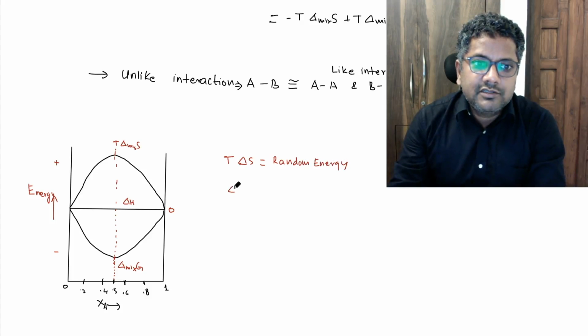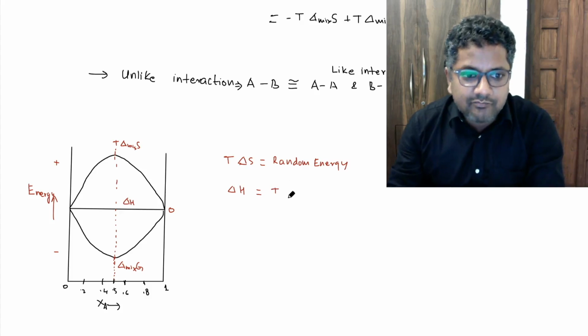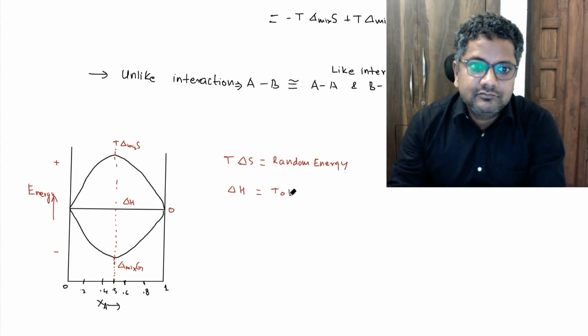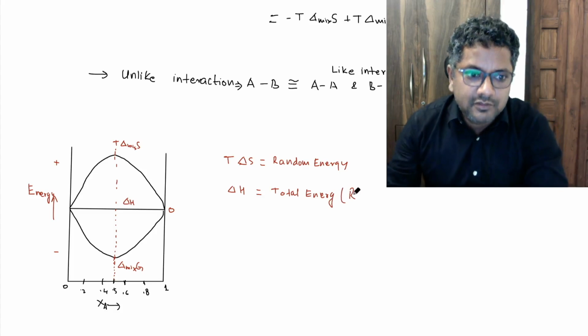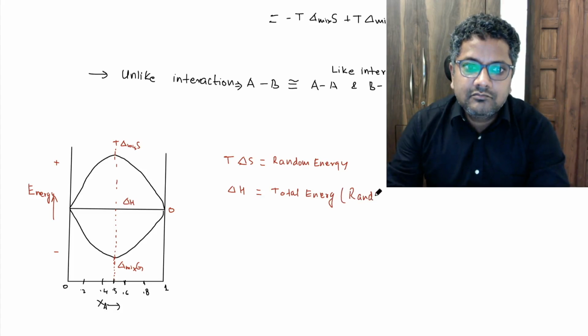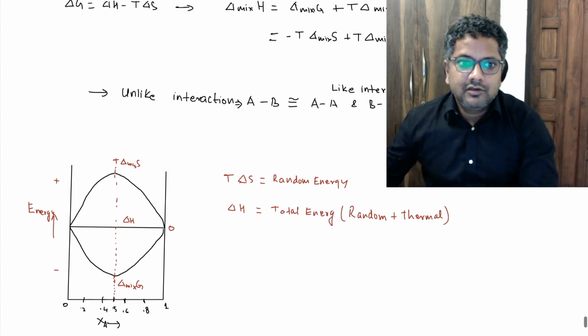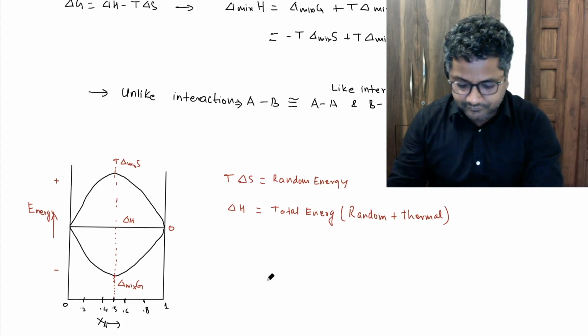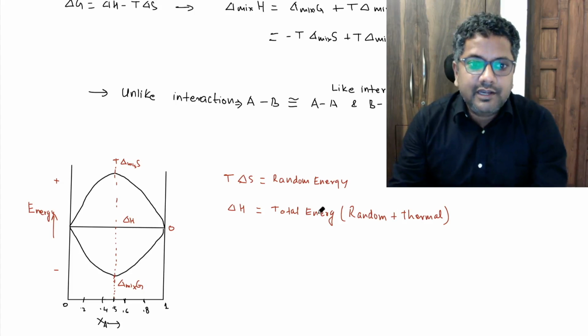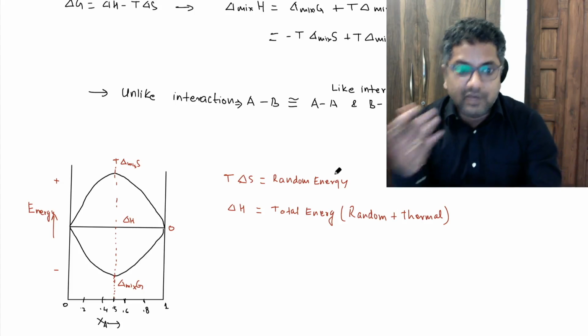And delta H is called total energy. Total means random plus thermal. This random energy cannot be converted into work.